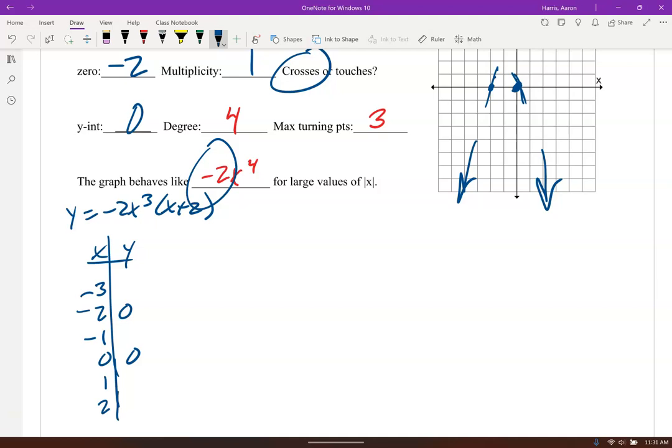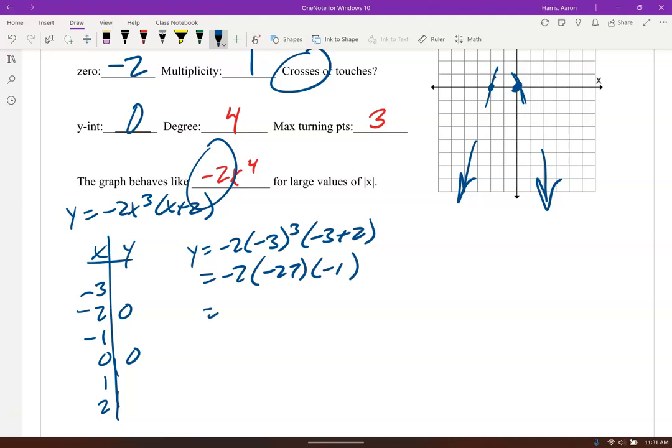Let's throw in negative 3. So negative 3 to the third, negative 3 plus 2. So I get negative 27 times negative 1. So it looks like I got negative 54. Negative 3 gives me negative 54. So this will shoot down really fast because it's got to hit clear down here. All right, that's negative 54. Then I throw in negative 1.